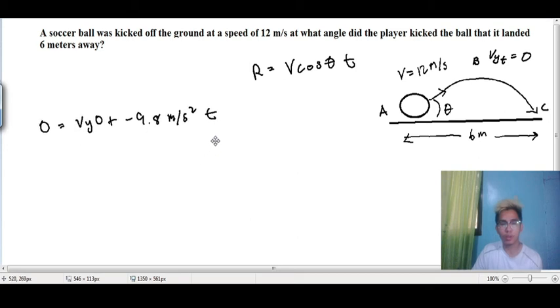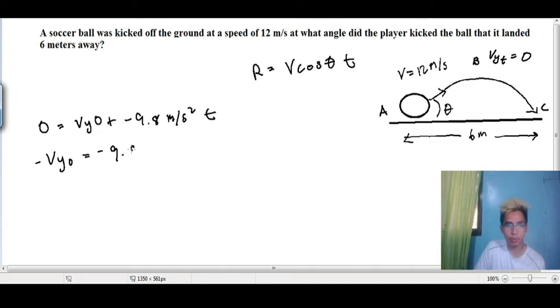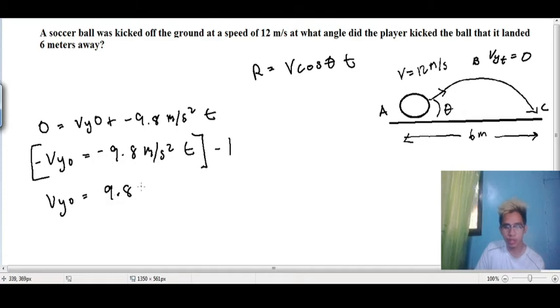So we have our equation here. We move Vy initial to the other side. It will become negative Vy initial is equal to negative 9.8 meters per second squared times time. So we multiply both sides by negative 1. So it will become positive Vy initial is equal to 9.8 meters per second squared times the time.